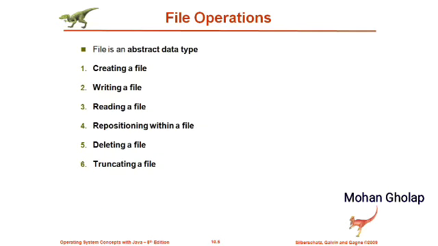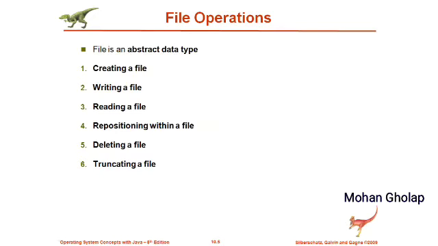Next we'll see what all the different operations that can be performed on a file, since a file is nothing but an abstract data type. So the first one is creating a file. Two steps are necessary to create a file.